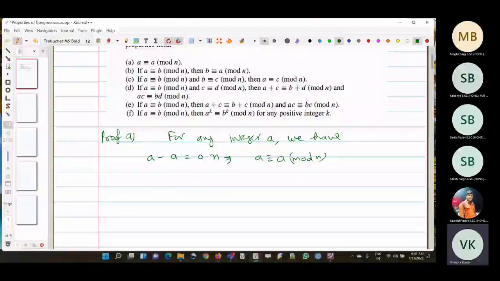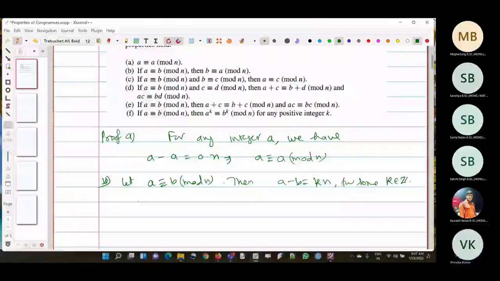The second one, the part B. B says that if A is congruent to B, then B is congruent to A. Okay. So let us assume that A is congruent to B modulo n. Then A minus B equals some k times n for some integer k. Okay.